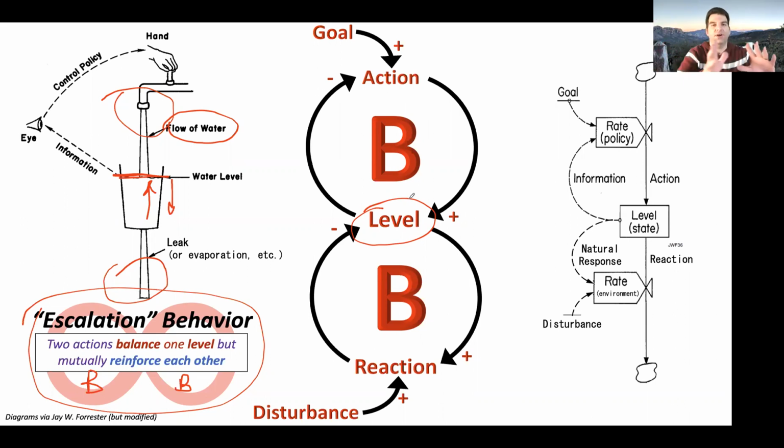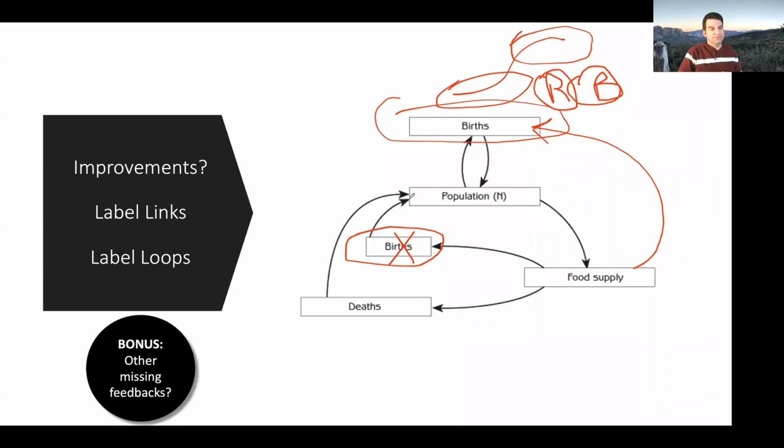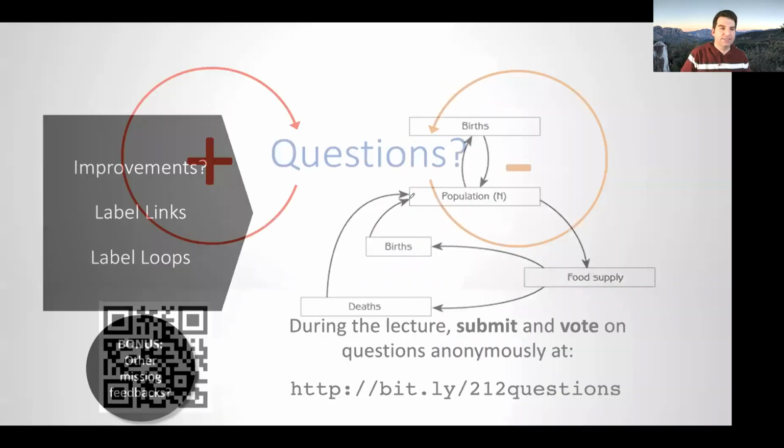So escalation behavior produces one type of dynamic mode, but then a reinforcing loop next to a balancing loop produces another mode, where you get a rev up in growth, and then it levels off, and then eventually the system settles down at some terminal growth value or terminal population level. Okay. And then you can imagine adding other feedbacks.